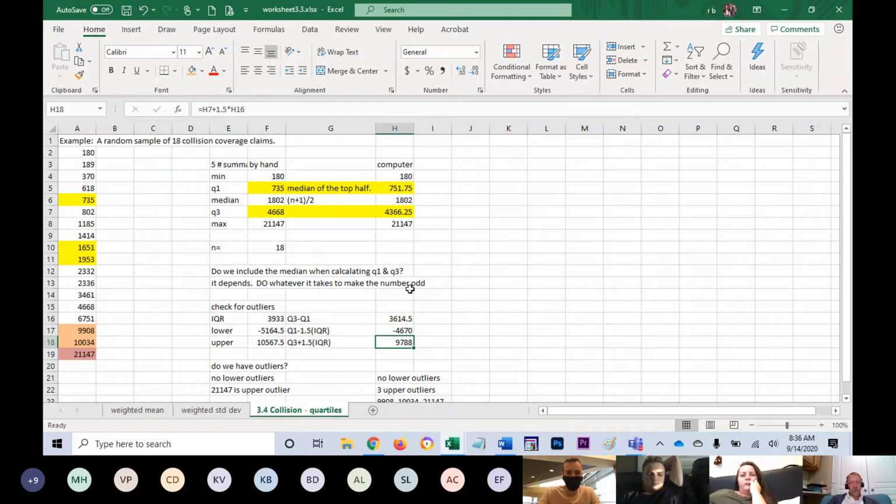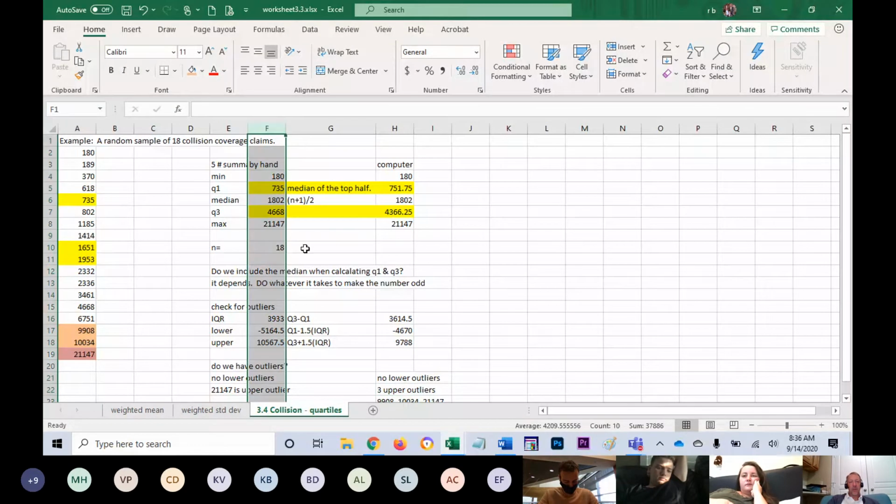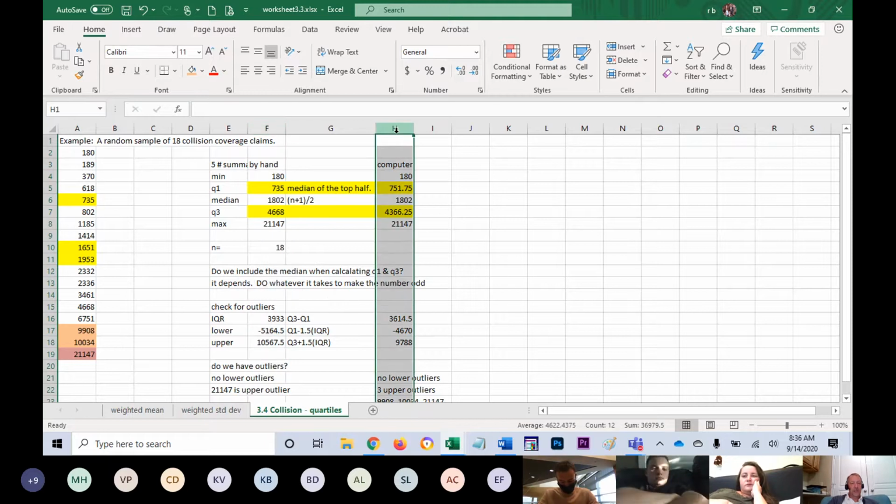And then Q3 plus 1.5 times the interquartile range, which is 3,600, gives me 9788, okay? I'm only showing you this to show you the answers are going to be different, 1 outlier versus 3 outliers, depending on which method you do. This is the only method we're going to do in this class. But the computer would have 3 outliers in this case. Okay? Does that make sense?